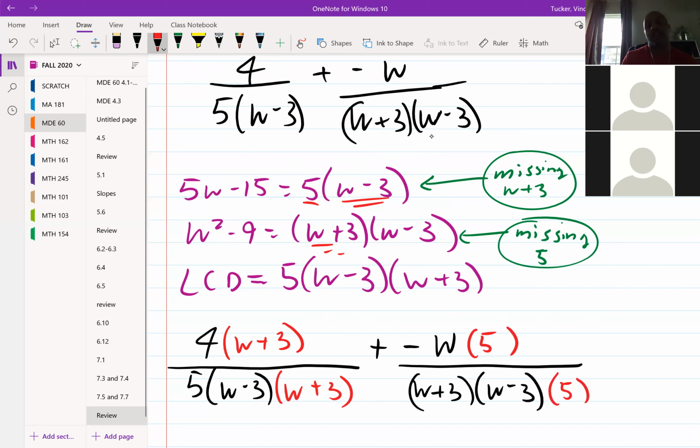And if that's what's missing, you're going to multiply that times w plus 3. But whatever you multiply to the bottom, you have to also multiply to the top in order to keep your equivalency. So in the second one, you have w plus 3, w minus 3. Comparing that to the LCD, what's missing is just the 5. So you multiply top and bottom by 5.